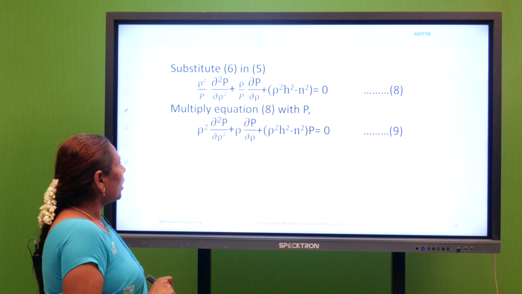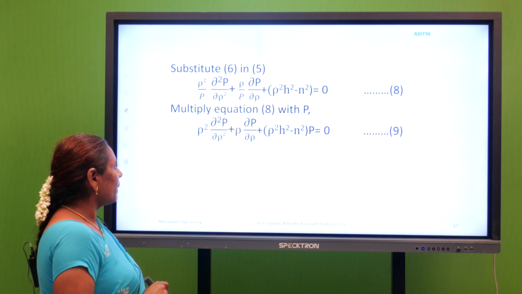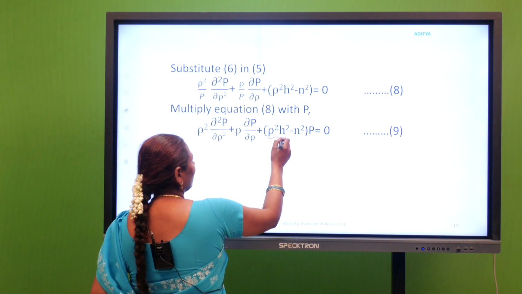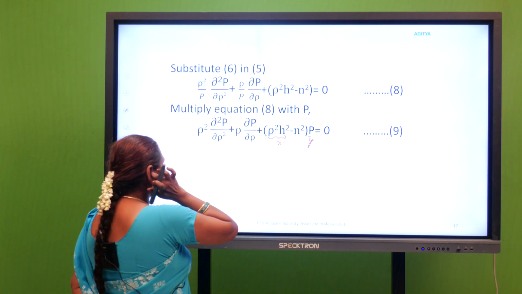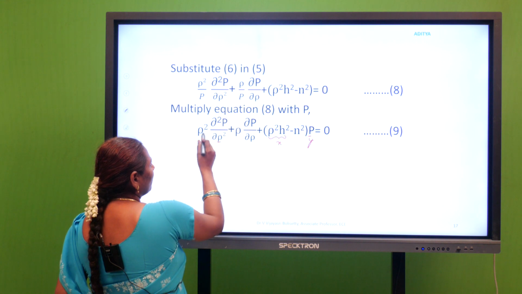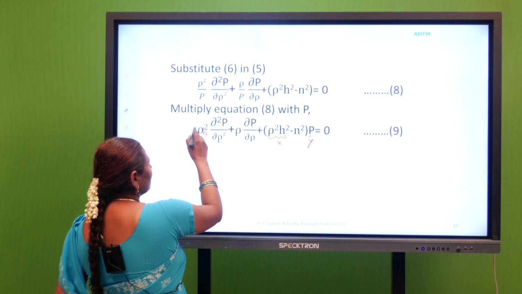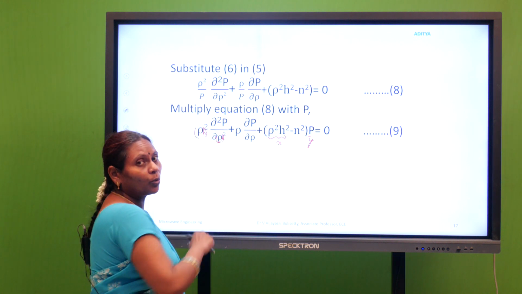If you observe this equation, this is almost like Bessel's equation. If you consider this as some x and this P as some y, then this is the differentiation with rho, but multiply this with h square, and we can also write it as the differentiation with rho h.